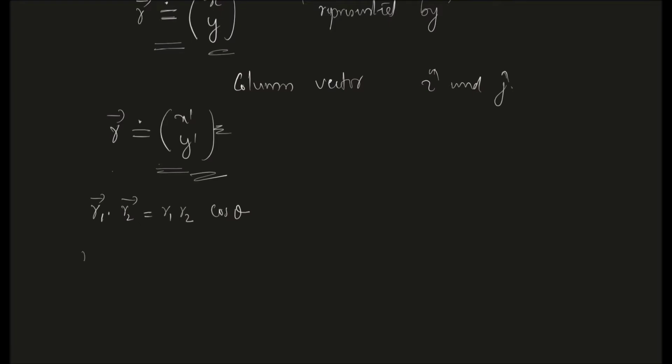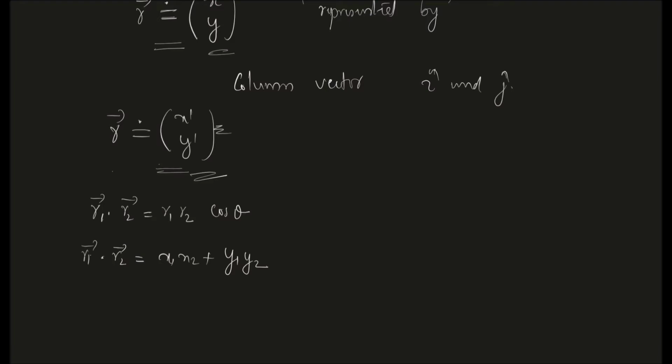So r1 dot r2 is equal to basically x1 x2 plus y1 y2, right?